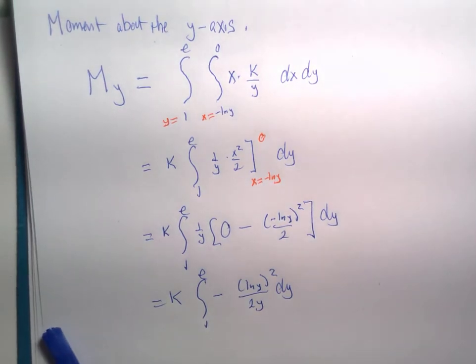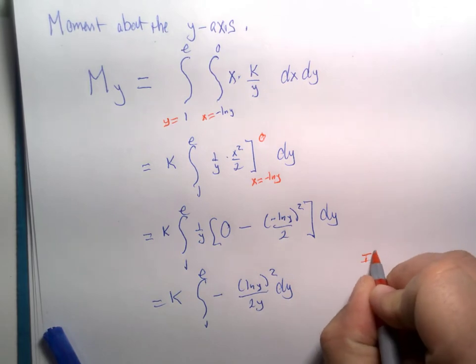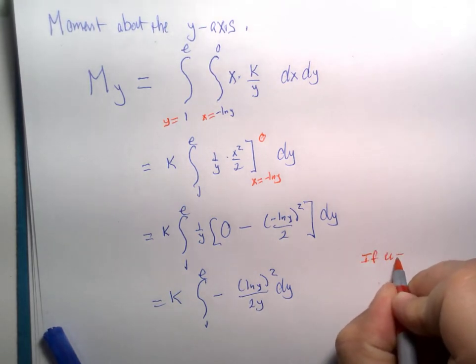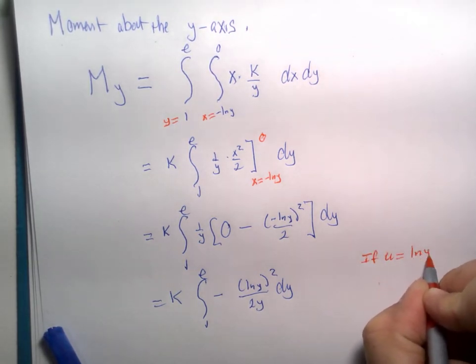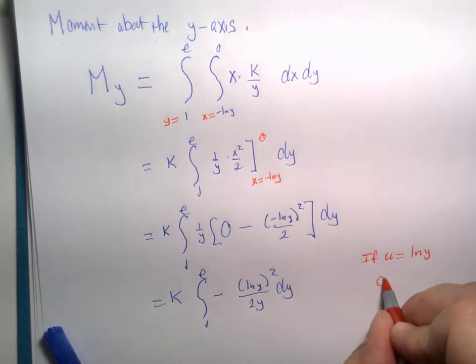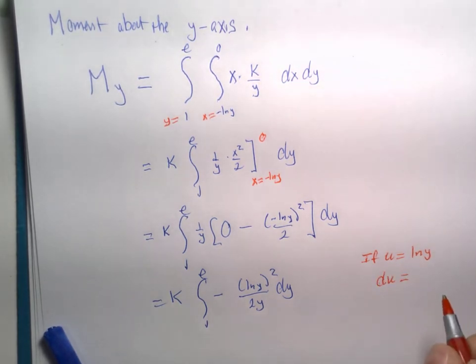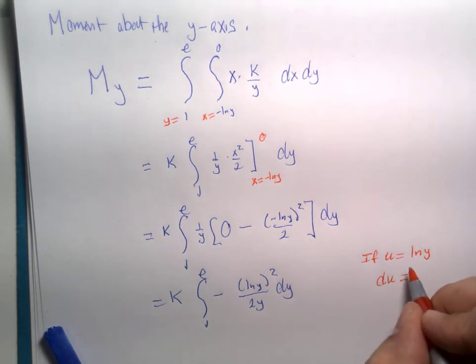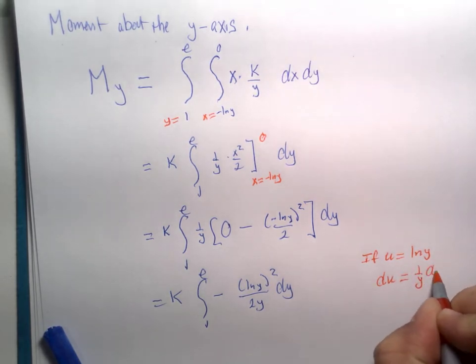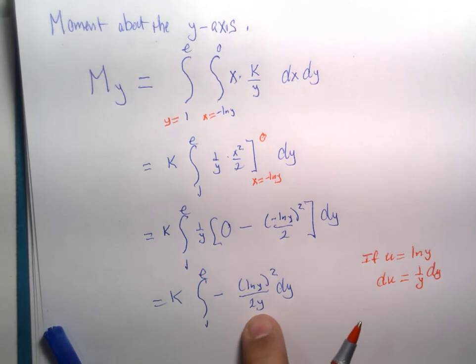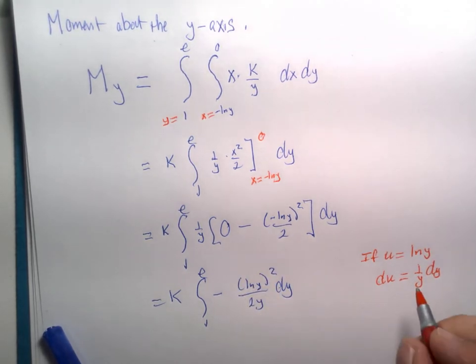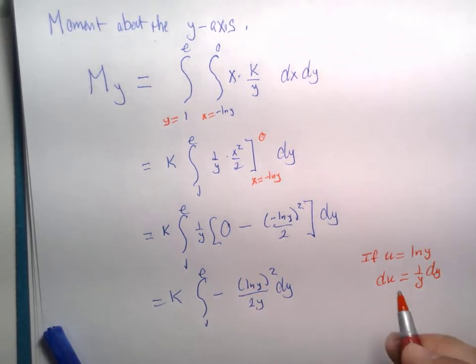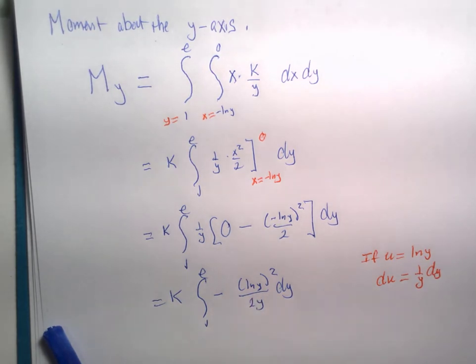Now, I'm going to do this part a little bit quickly, but remember you have this thing called a pause button, which could let you slow it down and think about it. But if you try a substitution with u the natural log of y, the differential for that, the du, is going to be 1 over y dy, and I happen to have a 1 over y dy, and when I integrate u squared, I'm going to get u cubed over 3.